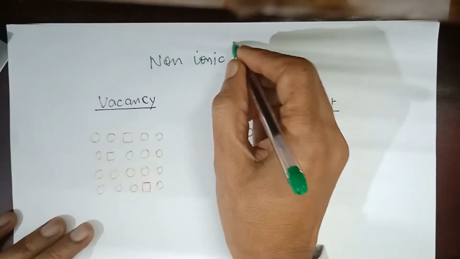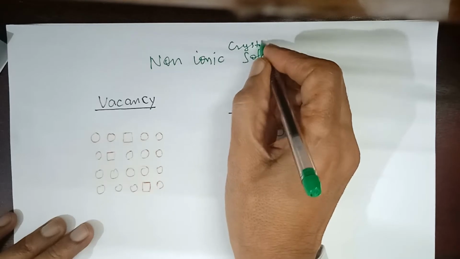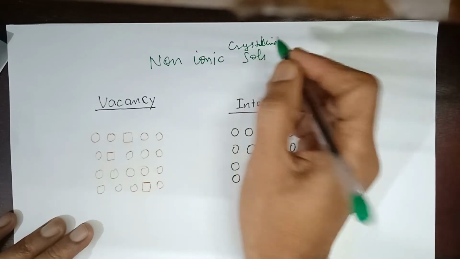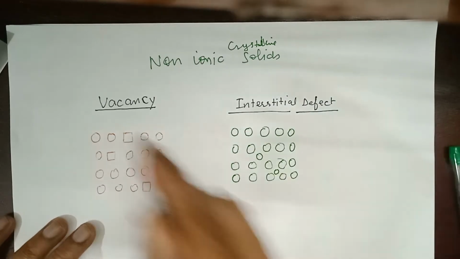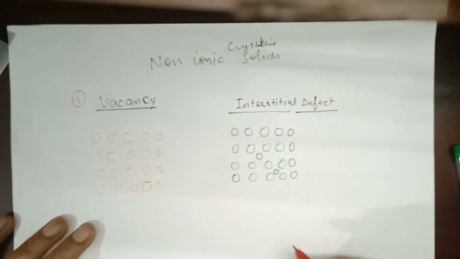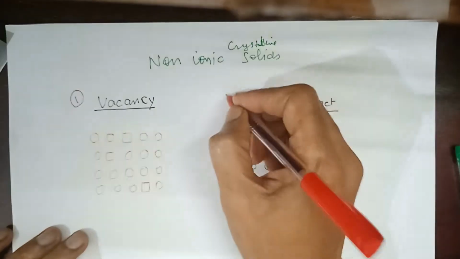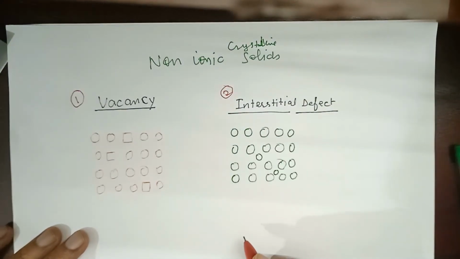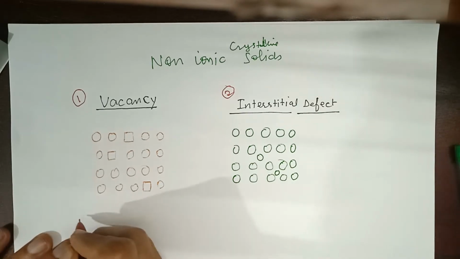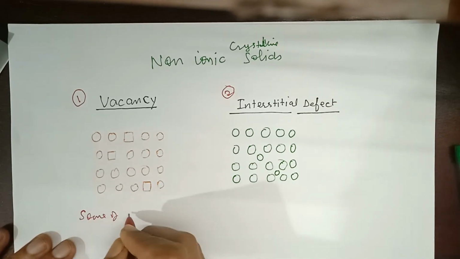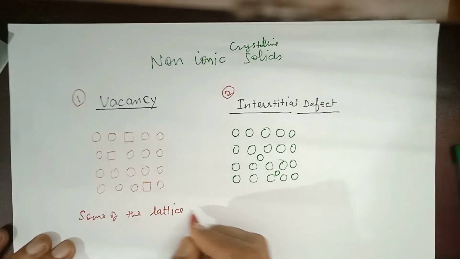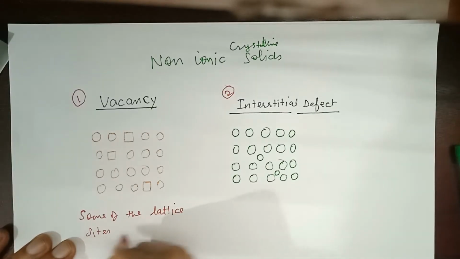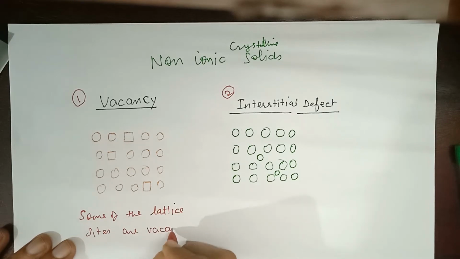Non-ionic crystal solids. One is vacancy defect and the other is interstitial defect. In vacancy defect, what happens? Some of the lattice sites are vacant.